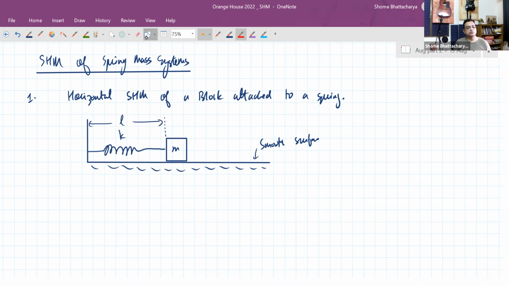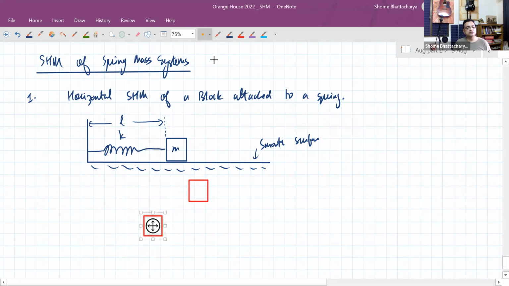So from this position, if we shift the block to either here or here, whichever side we are giving the displacement, we can see that the spring will apply a restorative force. If we give a displacement like this, then the spring will develop an extension. So it will apply a force which is inwards like this.